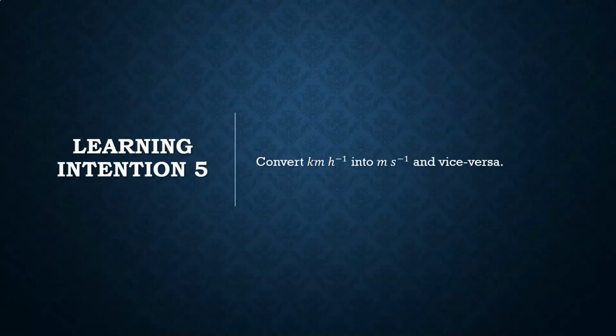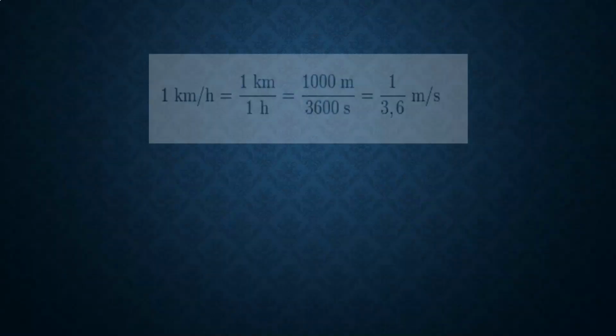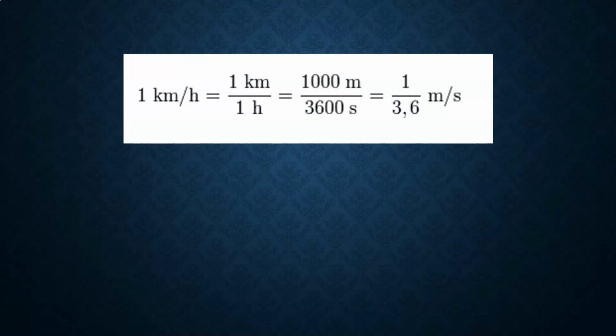Learning intention 5, convert kilometers per hour into meters per second and vice versa. So let's just have a think about it. If we've got 1 kilometer per hour, what we're looking at is 1 kilometer divided by 1 hour.